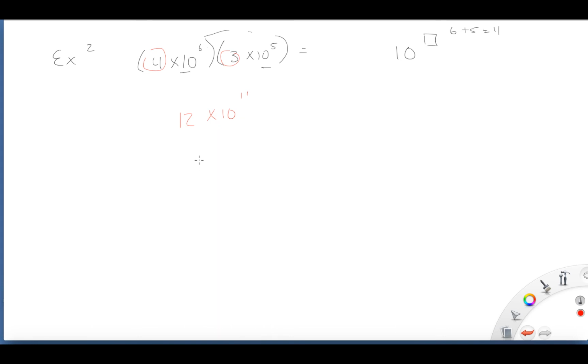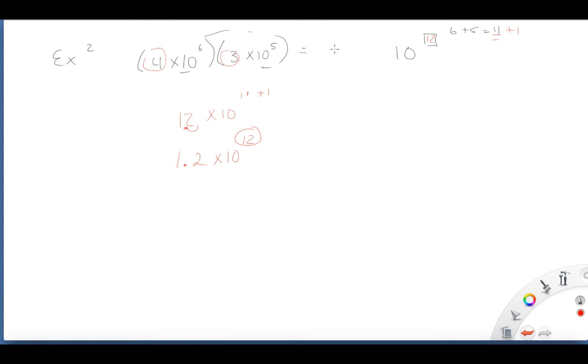But in this problem, 12 times 10 to the 11th power is not proper scientific notation. Proper scientific notation puts a decimal right here. So it really should be 1.2 times 10. Well, what happens when we move that decimal from the right to the left? We add one more space to it. So notice the 11 here is actually going to be 12, because it's 11 plus 1.